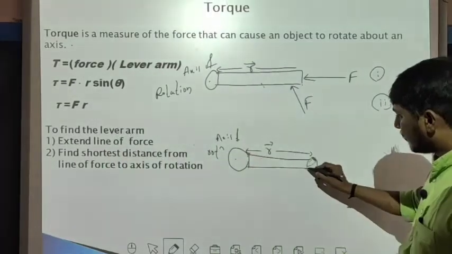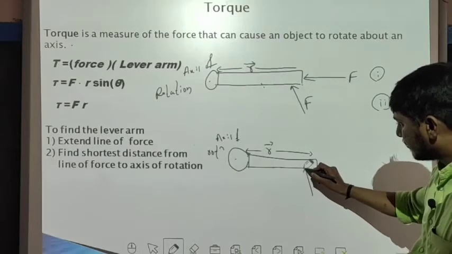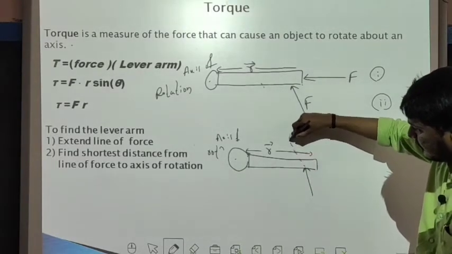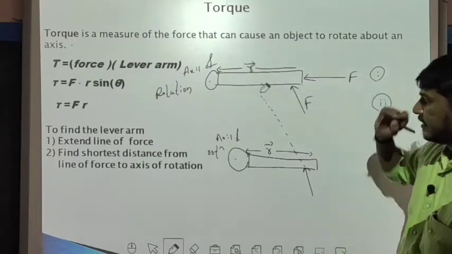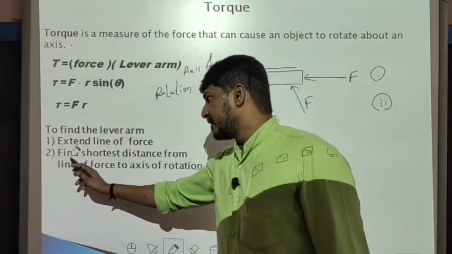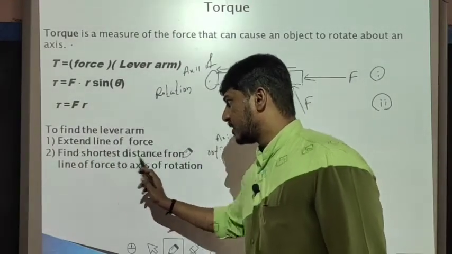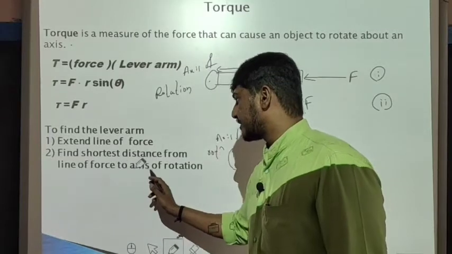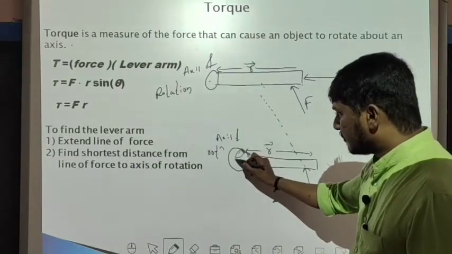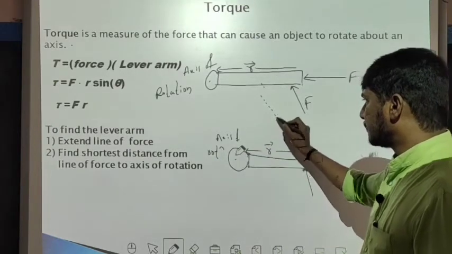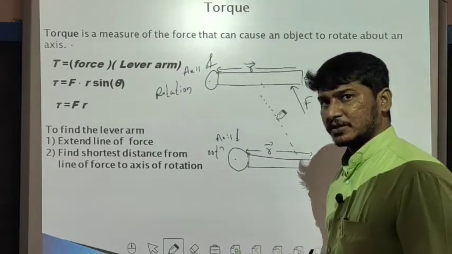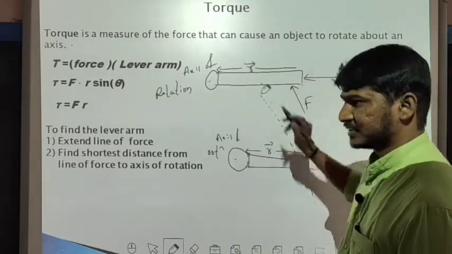Here we have applied a perpendicular force. Then we need to extend this line of force. The second point, we need to find the shortest distance from the line of force to the axis of rotation. That is, we need to draw a line from the axis of rotation to the force line. This distance should be very short. It should not be a larger distance.